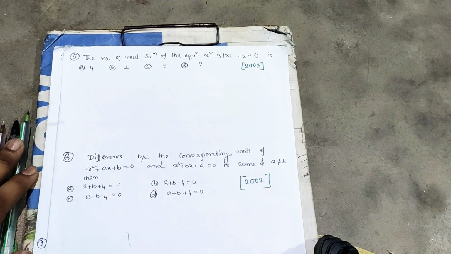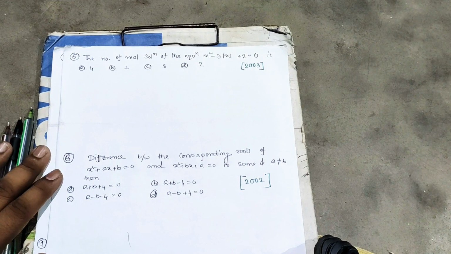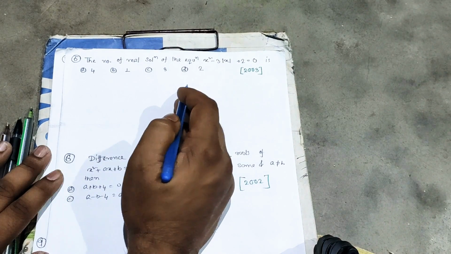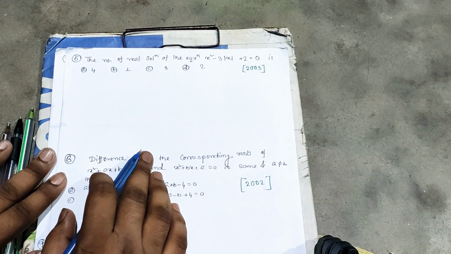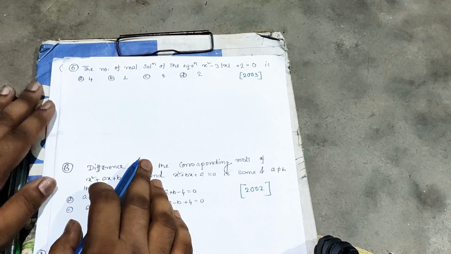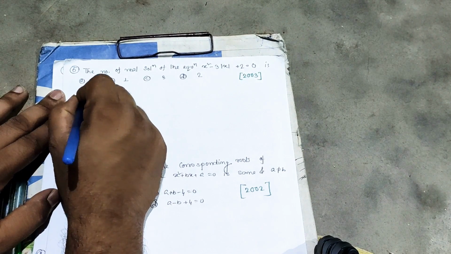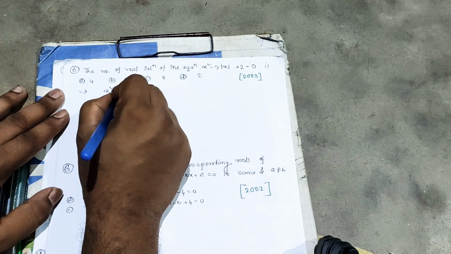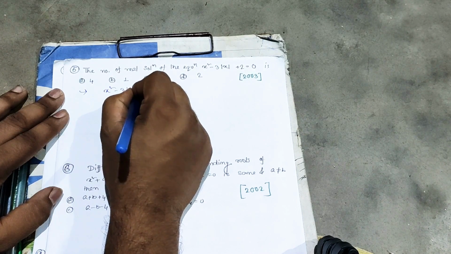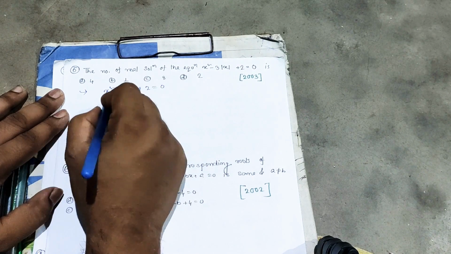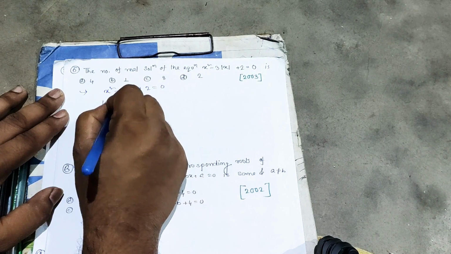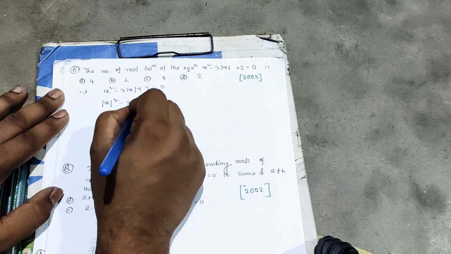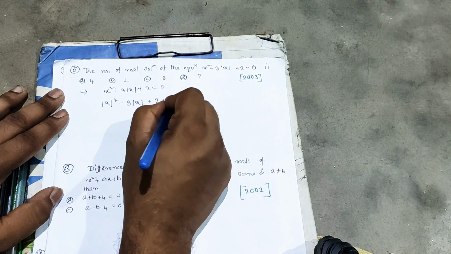Coming to the fifth question, the number of real solutions of the equation x square minus 3 mod x plus 2 equals 0 is these four options, and it was asked in JEE Main 2003. If I want to solve it, I can write it as mod x square minus 3 mod x plus 2 equals 0.